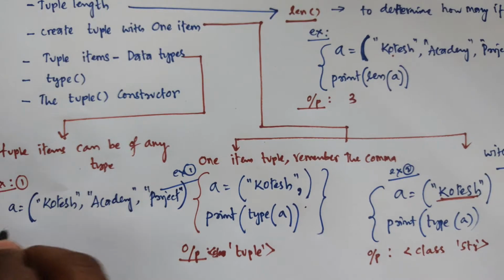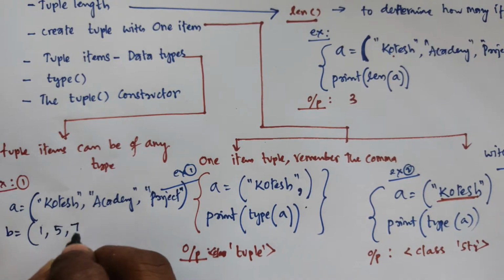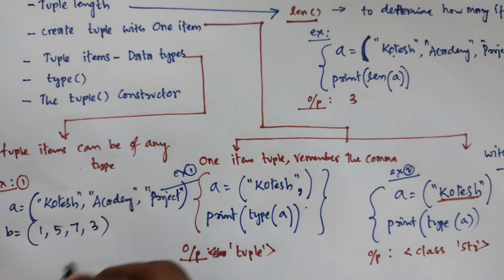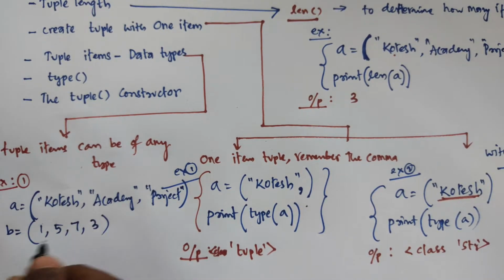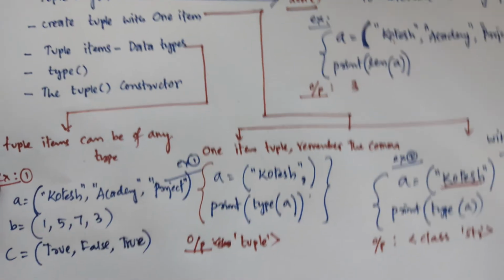After that, simply take B is equal to 1, 5, 7, 3, like that. Next one is C is equal to, we take boolean values true, false, then you can take true, true, like that.